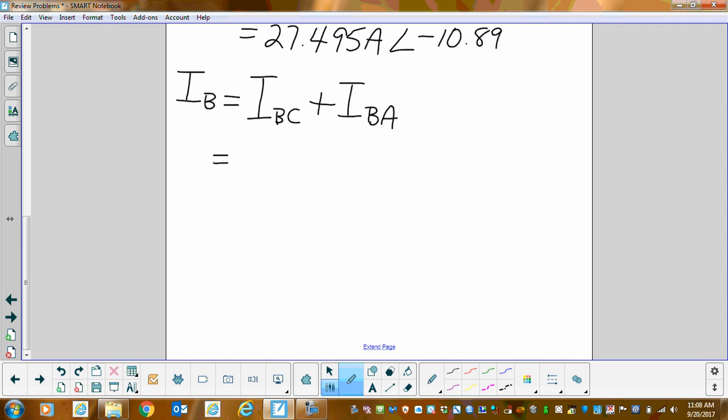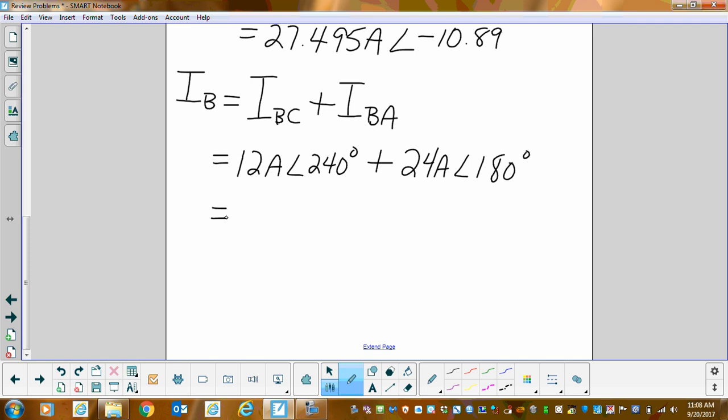We should have 12 amps at an angle of what? 240. 240, good. Plus 24 amps at an angle of 180. We add those two using phasor addition.